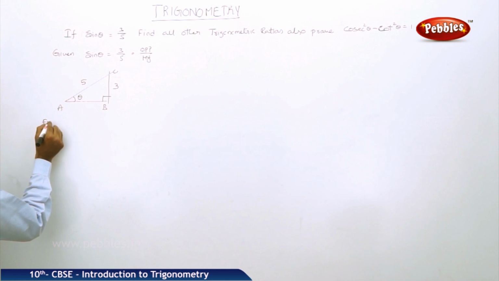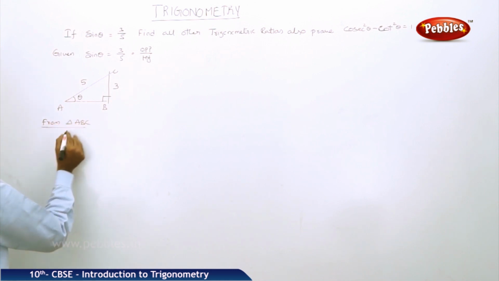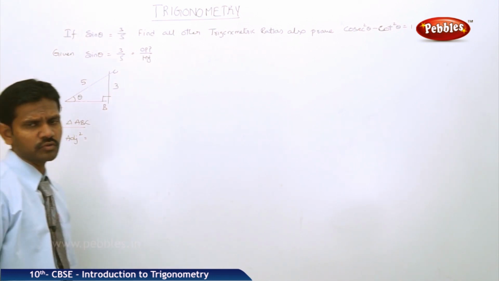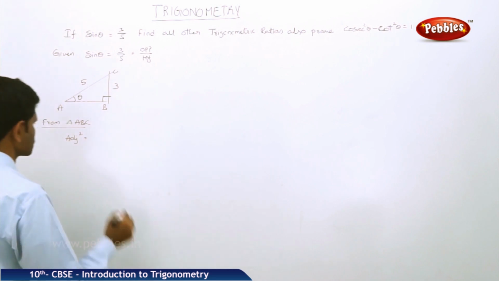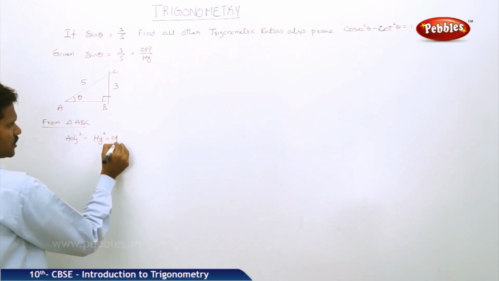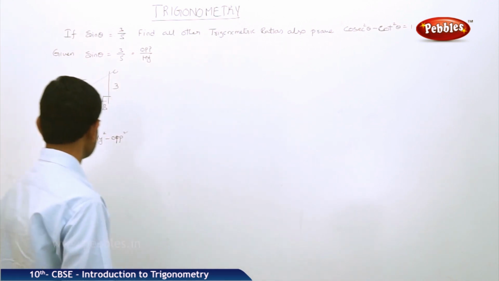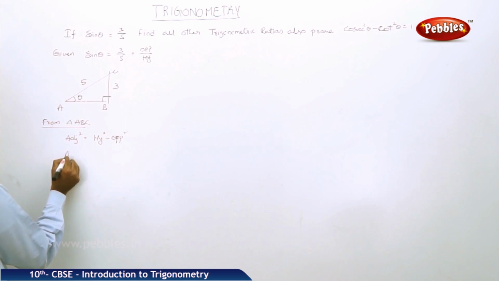From triangle ABC, adjacent square is equal to hypotenuse square minus opposite square. The adjacent is AB.